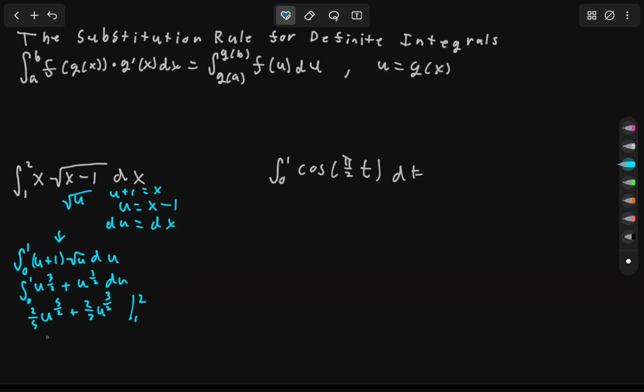So it's going to be the square root of 32 times 2 divided by 5, plus 2 cubed, which is 8, square rooted, times 2/3, minus the expression evaluated at 1, which is just going to be 2/5 minus 2/3.